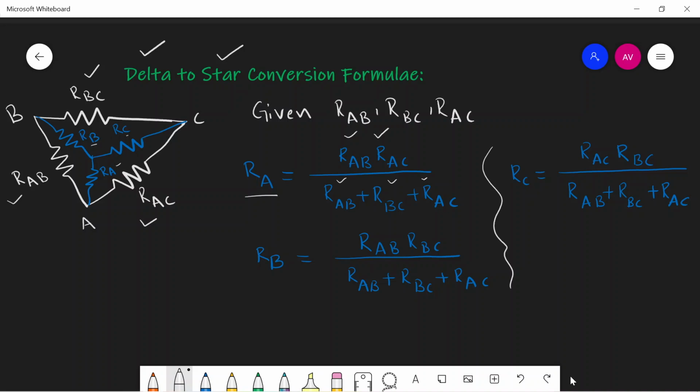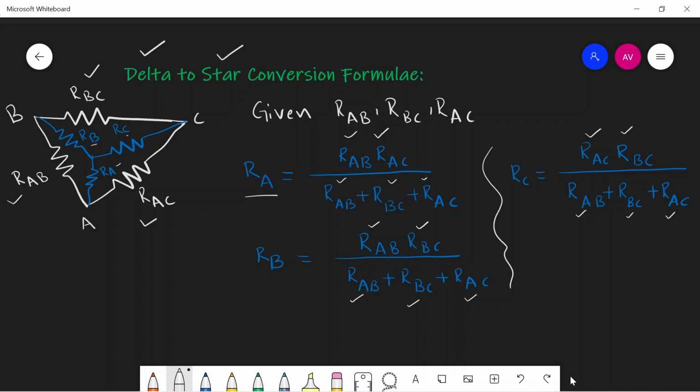To find Rb value, Rb equal to Rab into Rbc divided by Rab plus Rbc plus Rac. And to find Rc, Rc is equal to Rac into Rbc divided by Rab plus Rbc plus Rac.